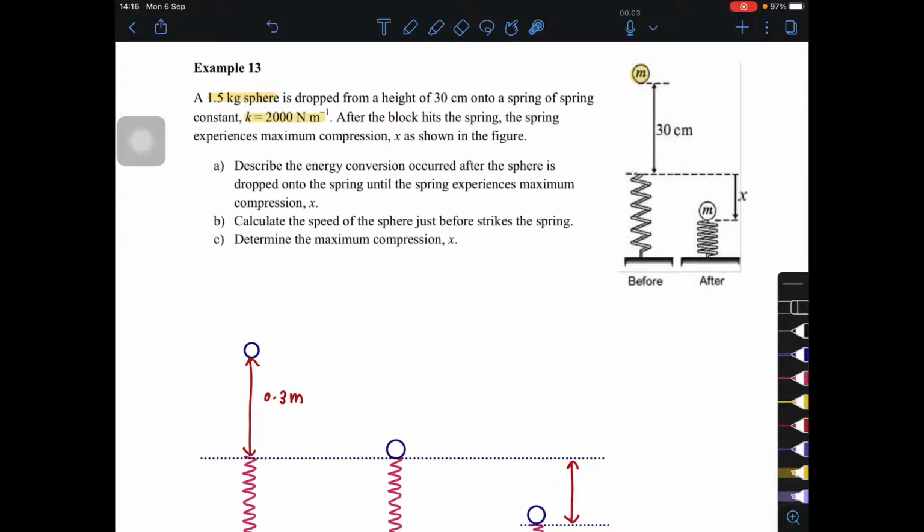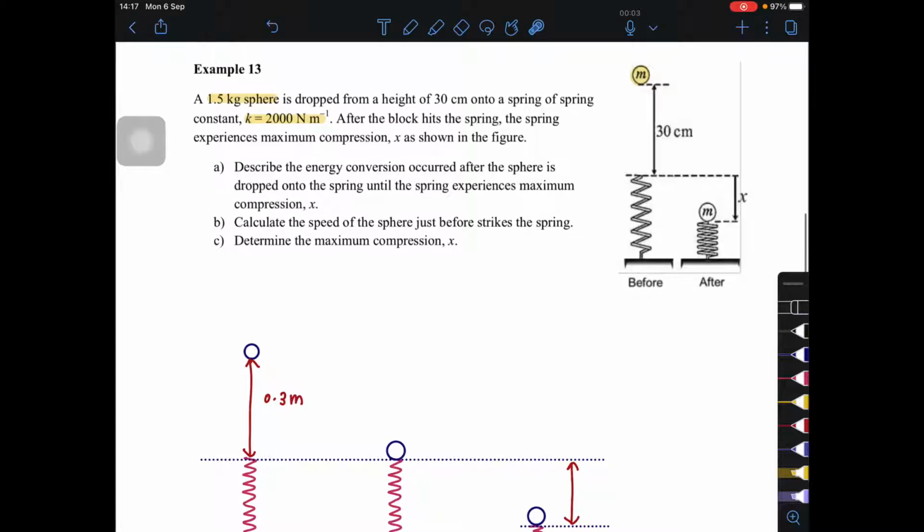Okay, so now kita sudah define system, maksudnya kita ada sphere, kita ada spring. Next step, we need to redraw the figure, sebab figure dekat sini ada before and after saja. Tapi kita mau lebih nampak dia punya proses, semasa proses ni kan.